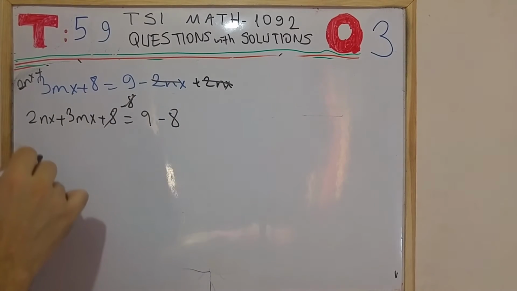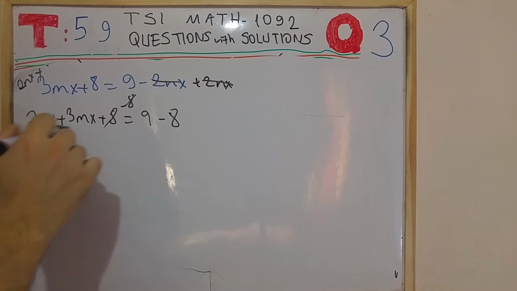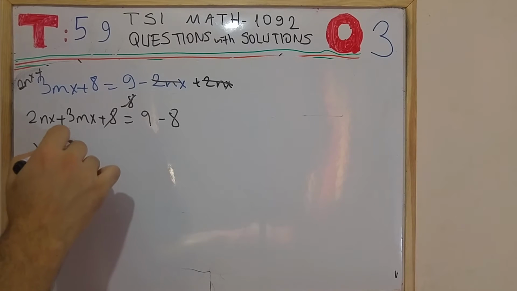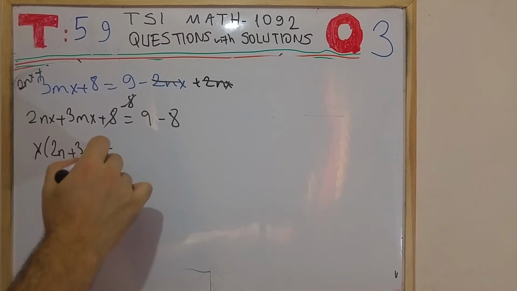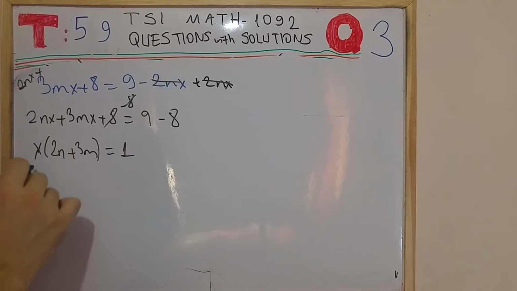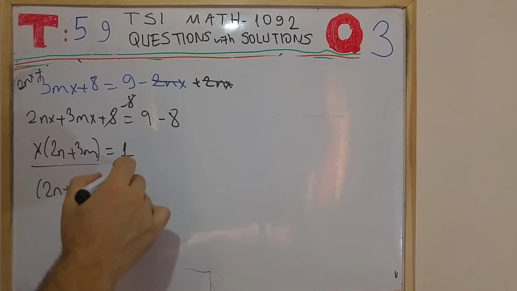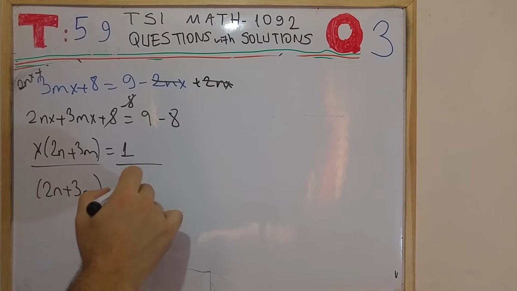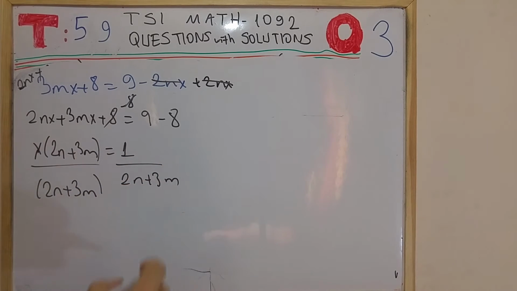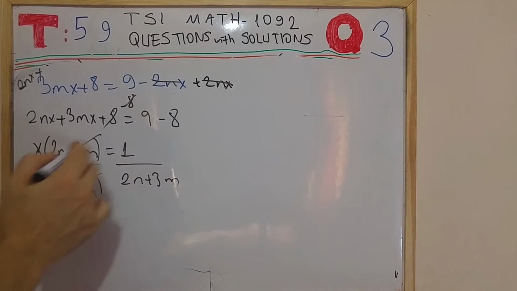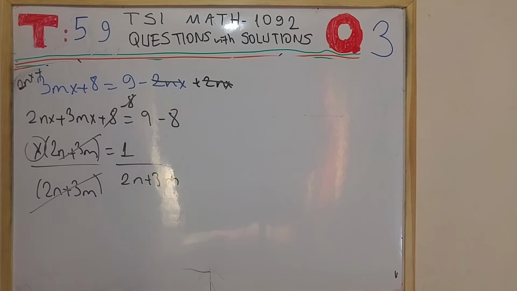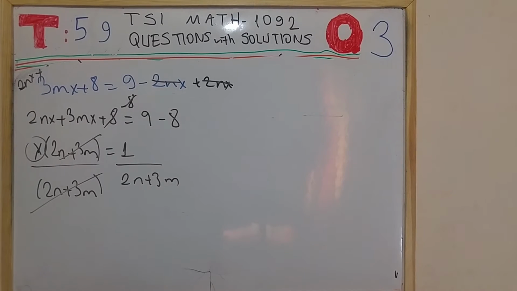Then what I have is, and now I can take x into parentheses, x times (2n plus 3m), 8's are gone, is equal to 1. When I divide each side by 2n plus 3m, now what I have is x, which is equal to 1 over (2n plus 3m).